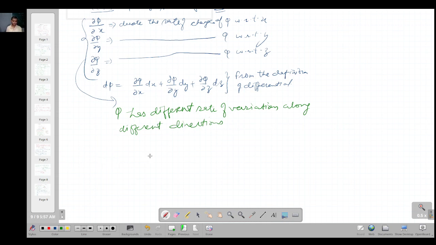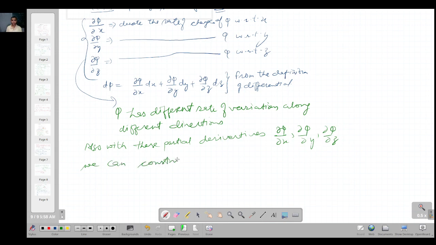Also, with these partial derivatives, that is ∂phi/∂x, ∂phi/∂y, ∂phi/∂z, we can construct a vector at point in space.